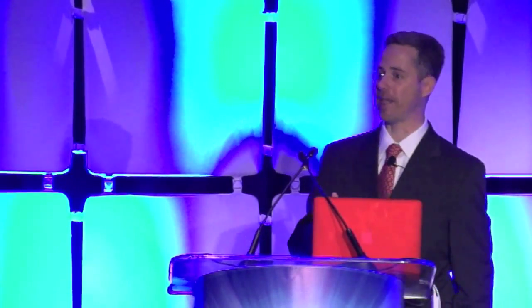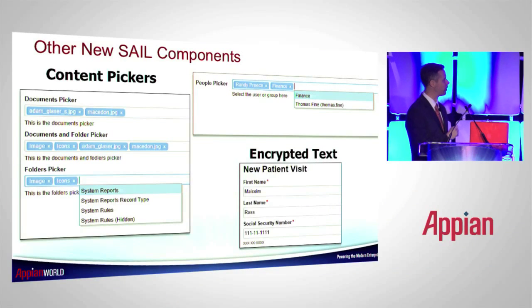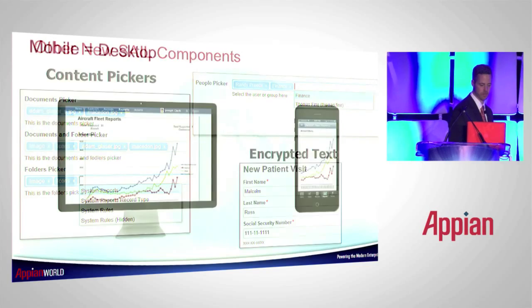And it needs to be easy for a designer to naturally encrypt information. It doesn't need to be an extra step or an extra security thing. So we introduced the encrypted text component as a simple mechanism. You just drag and drop it on any screen, like any text component field, and it will always ensure the information captured inside of there is highly encrypted while at rest inside the Appian system.